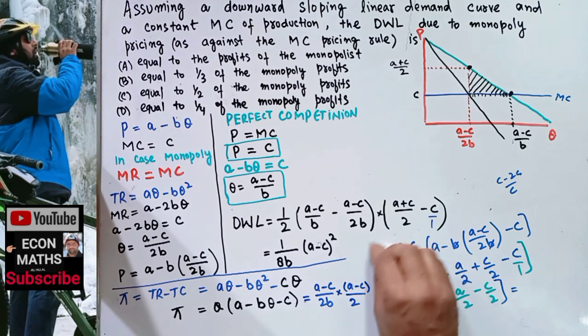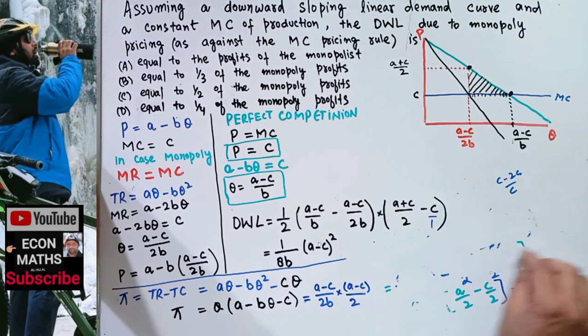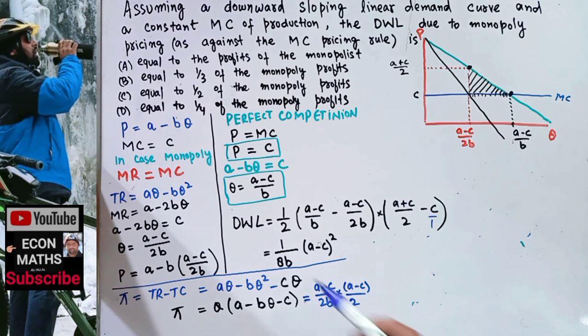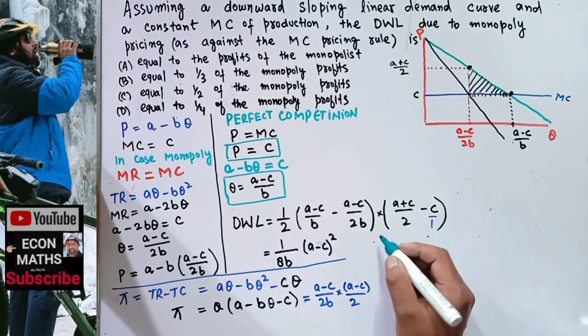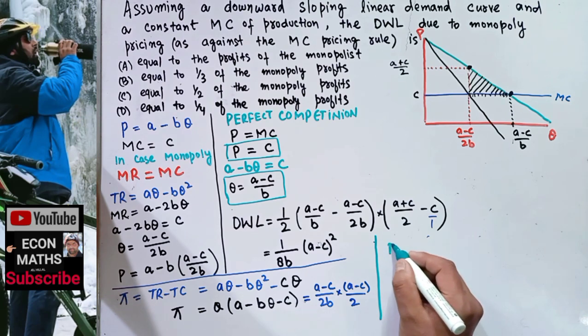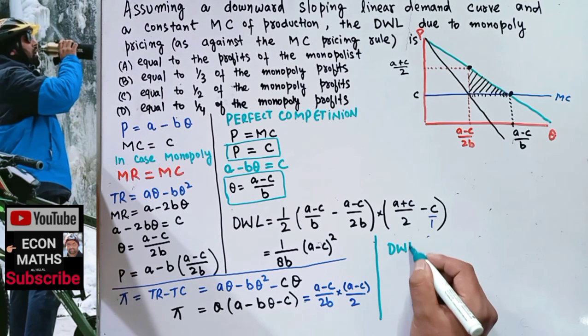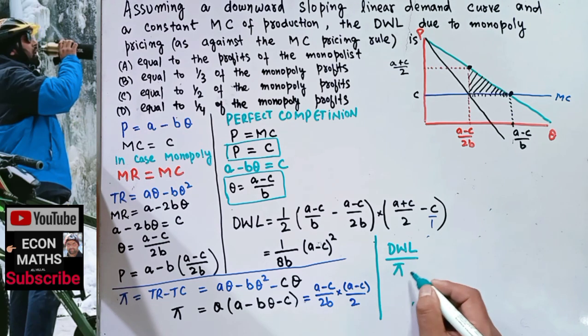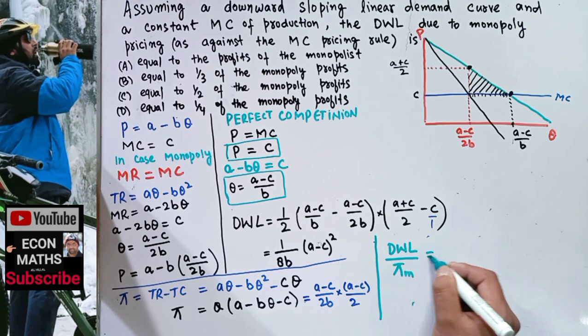Okay, this is the monopoly profit. This is the deadweight loss, this is the monopoly profit. Okay, what is the ratio between deadweight loss and monopoly profit? We need to find that out here. So let's write here the ratio between deadweight loss upon profit in case of monopoly.